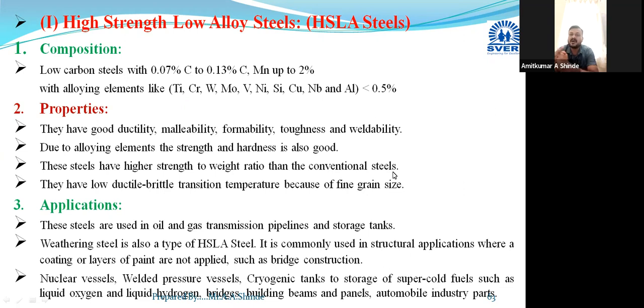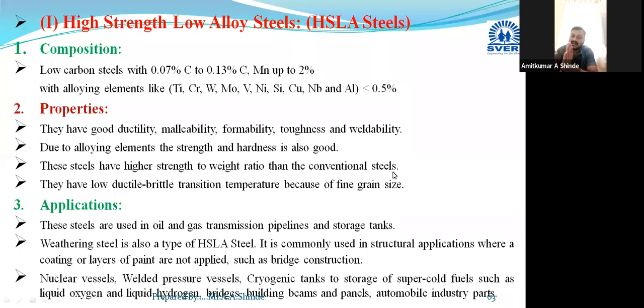Then the next is they have a low ductile brittle transition temperature. What is the meaning of ductile brittle transition temperature? It is the temperature at which a ductile material becomes brittle in nature.